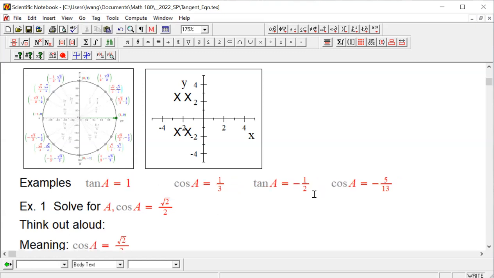We're going to use, say, +1, -1, and tangent non-special values, say 3/4, and non-special values such as 5/12. How about that? You can see how I make up these examples.